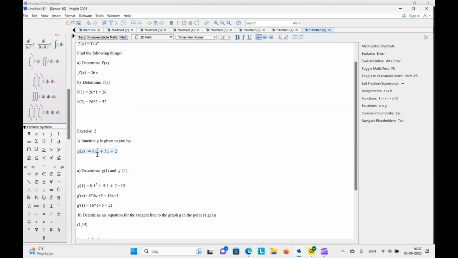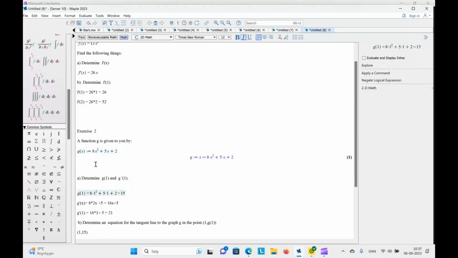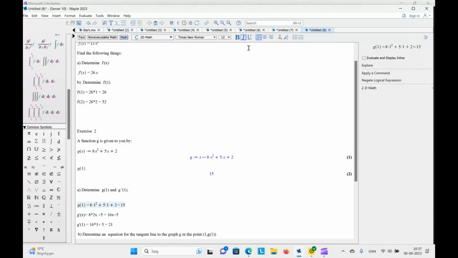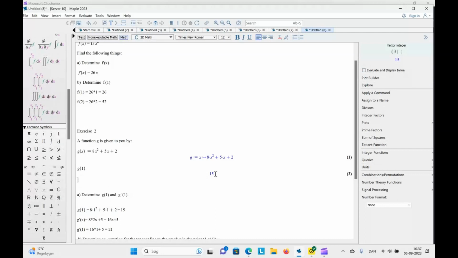In order to test if what I did is correct, I just define the function by putting the semicolon in, and I'll press enter, and I'm calculating g of x. x equal to 1 and it's 15, so we did that right.